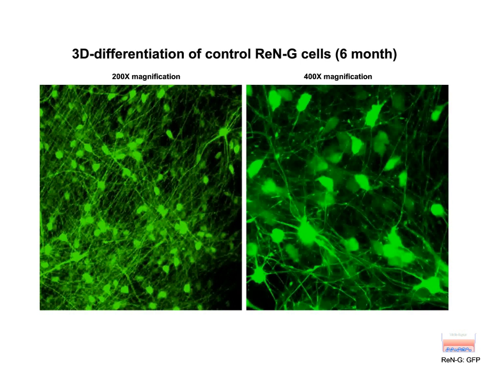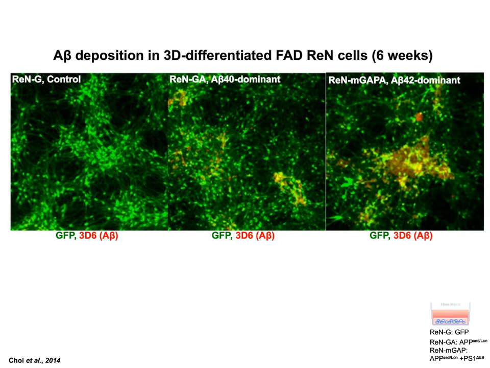And this is one of the first stainings we did with A-beta. The red is the A-beta antibody, very specifically recognizing A-beta peptide and plaques. And the green is GFP, which is expressed in all of these cell lines. You can see that there's nothing red in the control NG, the left-side pictures. And in the middle picture, which is GA, it's only APP London.